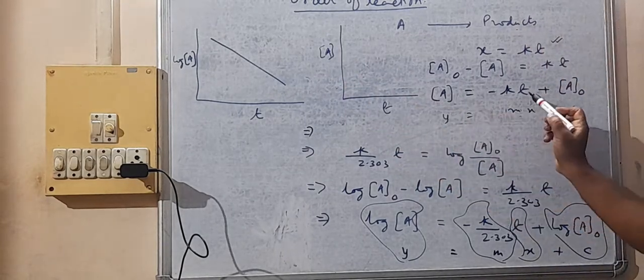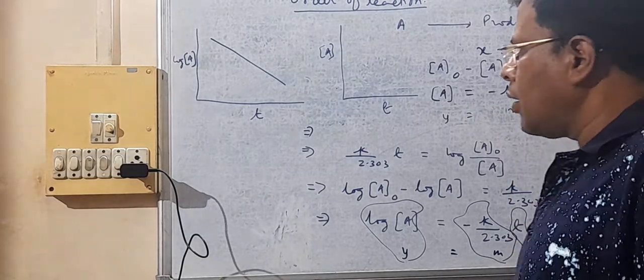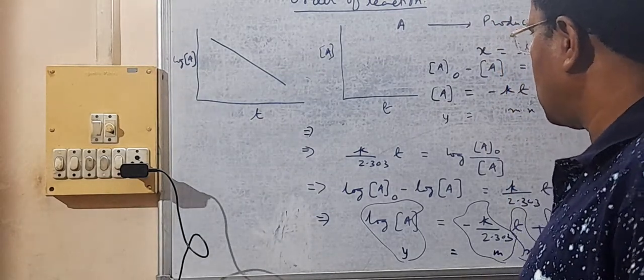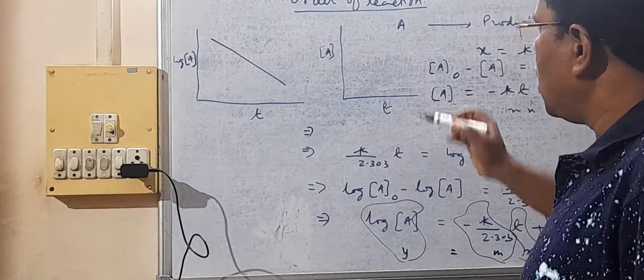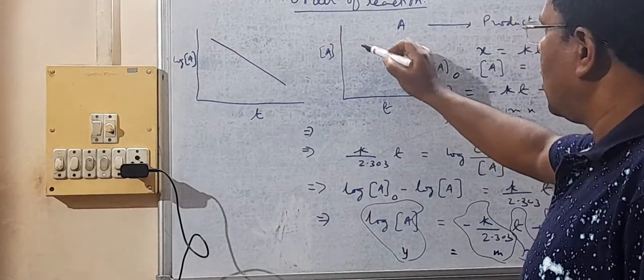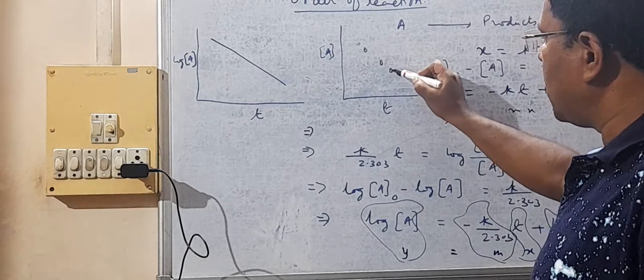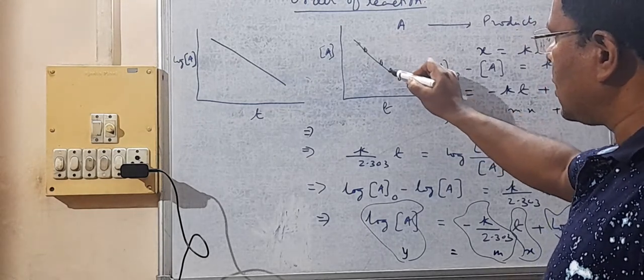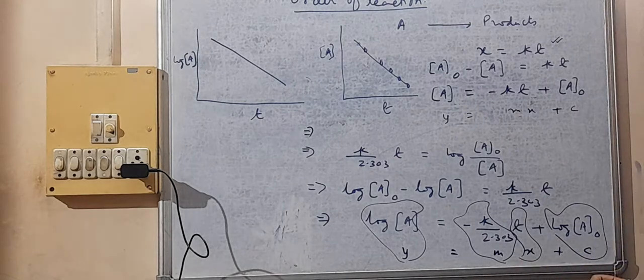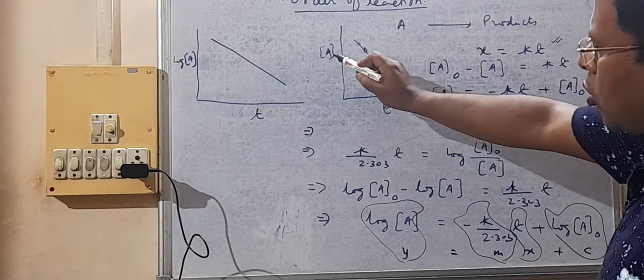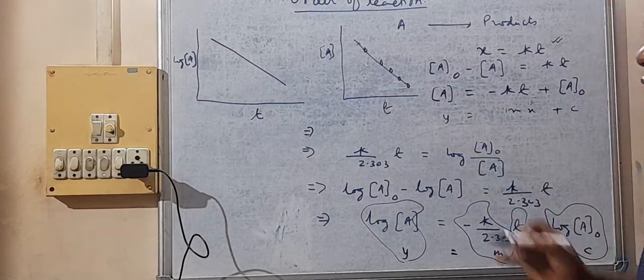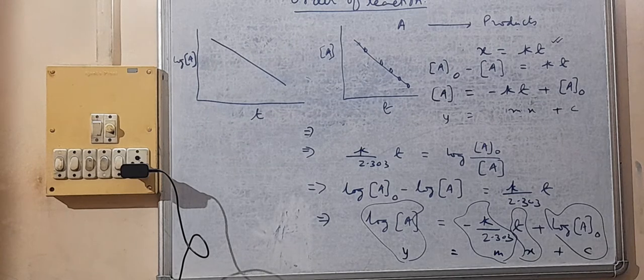If the reaction under study is zero order, we get this sort of experimental points, this sort of graph, then we can say that it is a zero order reaction. If on plotting concentration of A versus time we are not getting a straight line, then we can say that it is not a zero order reaction.